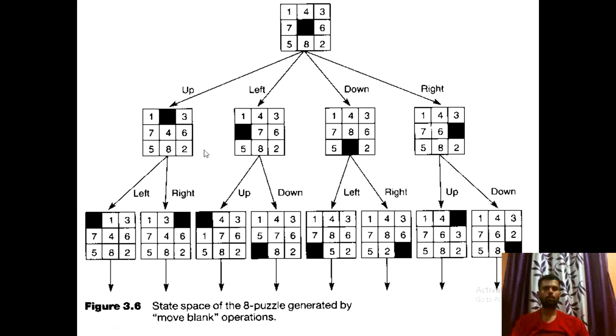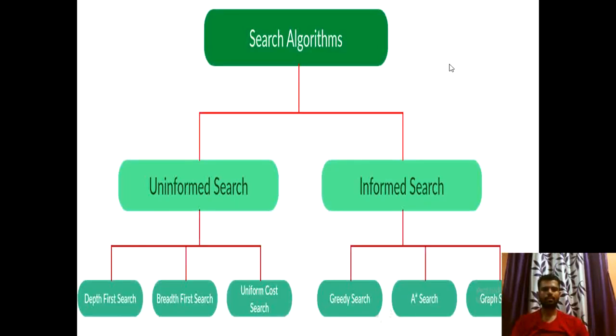You will go solving the problem again and again without any prior information, and you will treat this up to the reaching of the goal. Next is informed search. Informed search means here one heuristic function or heuristic value is given, and using that heuristic value you will solve the particular problem to reach our final goal.